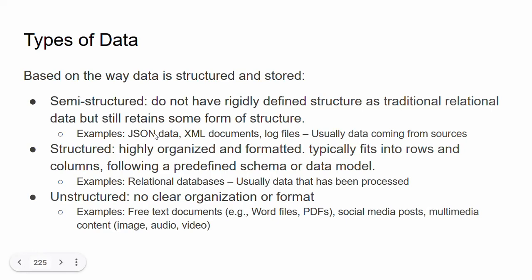Inside a JSON document, there are a bunch of key-value pairs. So for each value, you know which key it belongs to. So there is still a schema. However, the schema is not predetermined. Within all the JSON documents in one file, you can have some documents with a certain key and some documents without that key. Similarly, for XML, some fields can be missing from certain nodes.